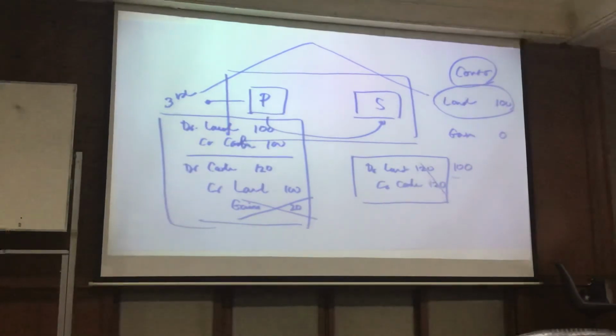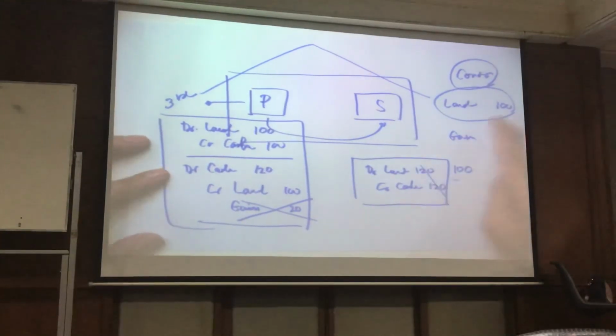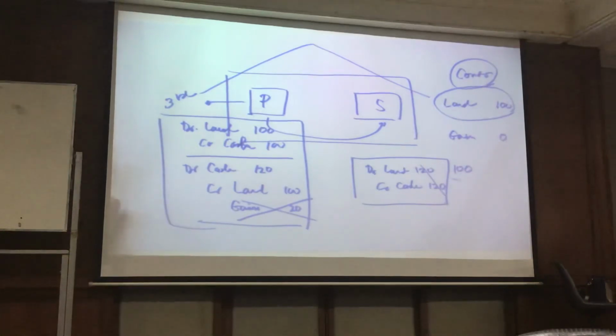Your job is to make sure you understand what I did and why I did it to you. If I don't do elimination, the land will be at 120. Is this fair? No. Think about if you create a company and make a sale like this, and create lots of transactions between you and the subsidiary.